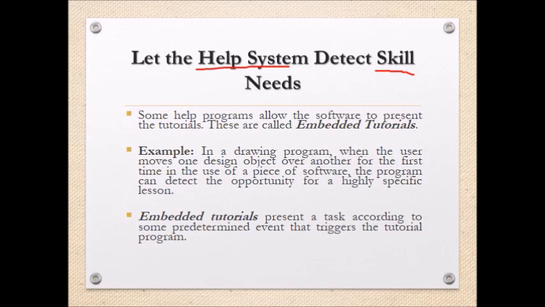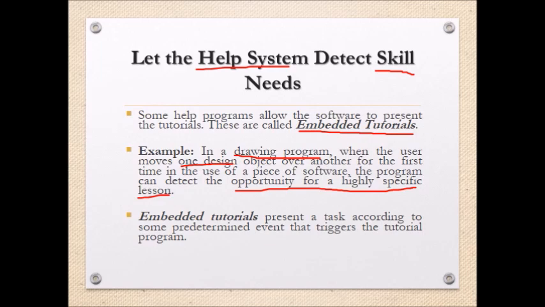Some help programs allow the software to present the tutorial. These are called embedded tutorials. For example, if we have a drawing program, when the user moves one object over the other for the first time, then the program can detect the opportunity for a highly specific lesson.